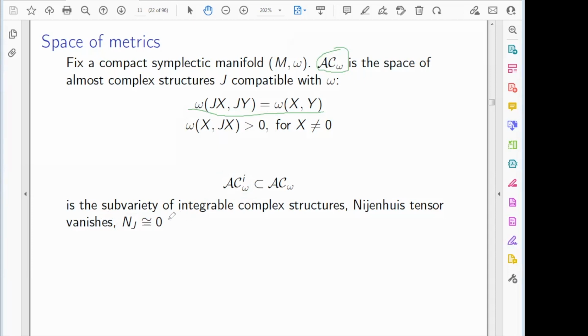We'll see that the space of compatible almost complex structures is a smooth Fréchet manifold with a Kähler structure, and this subset of integrable ones is a zero set of the Nijenhuis tensor, so it could be a singular subvariety in general.